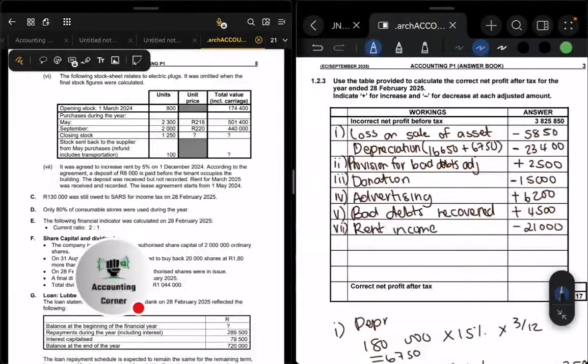But that was not enough. We still owe 130,000. So how much in total do we owe? The amount we've paid and what we still owe. So that would be 870,000, which is the provisional tax payments, plus what we still owe of 130,000. And that will give us 1,000,000. And we subtract that because income tax decreases our net profit. 1,000,000.